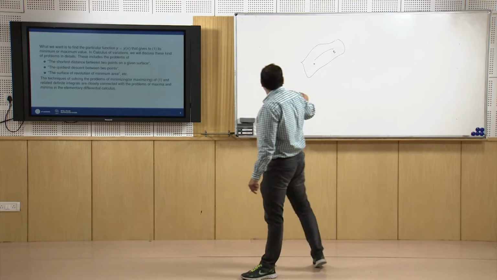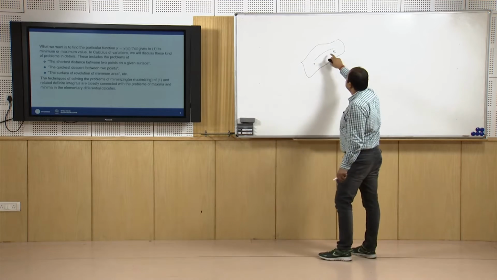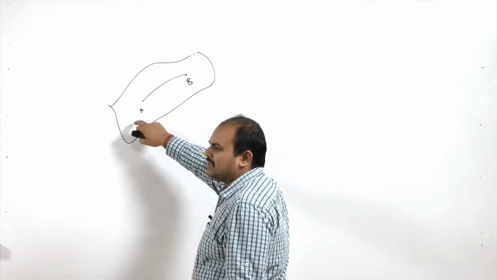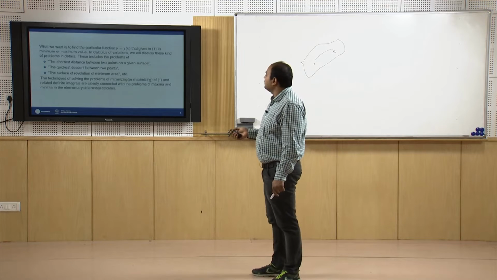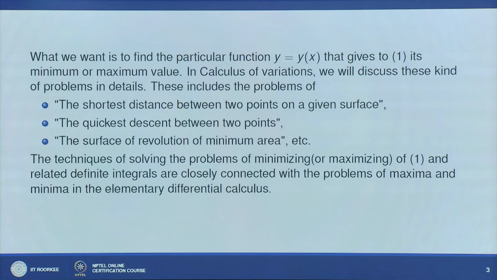Such curves which give the shortest distance between A and B are known as geodesics, which we'll discuss in due course of time. The second, very important problem is the quickest descent between 2 points.